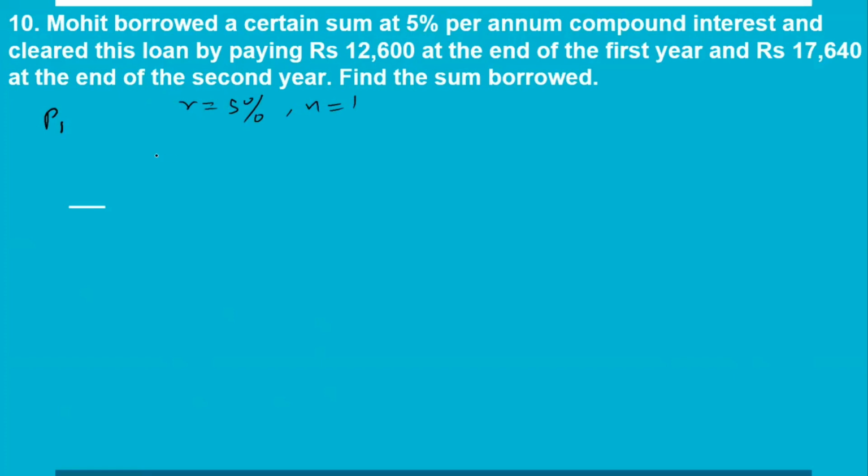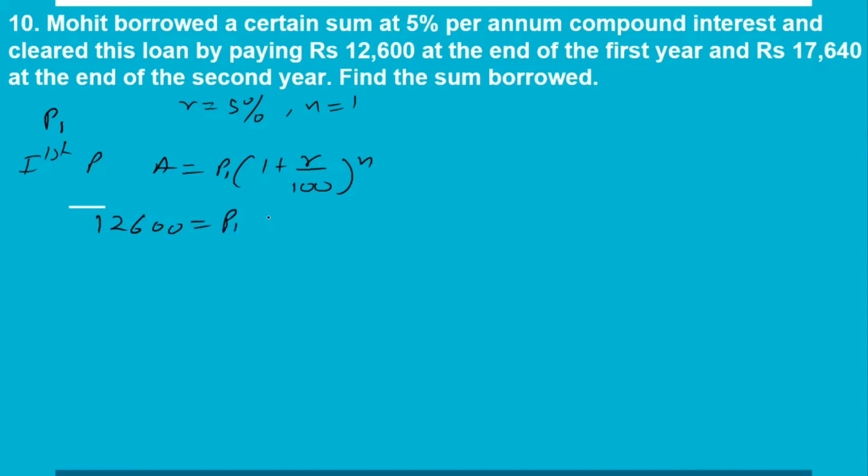So let us first find the first principal. We use the formula A is equal to P1 in bracket 1 plus R upon 100 raised to N. The amount you have got at the end of the first year is 12,600.